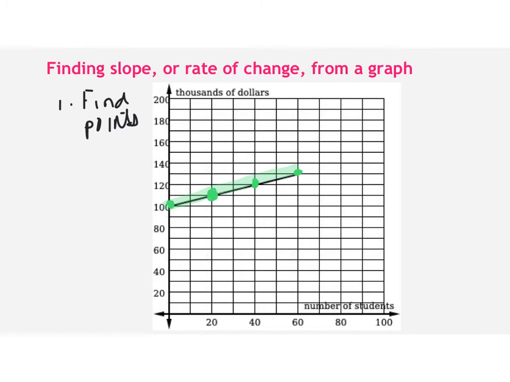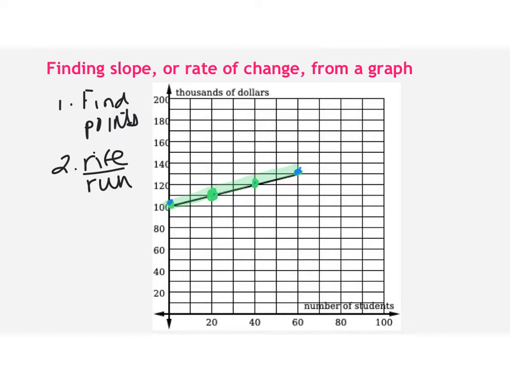The next thing we're going to do is find the rise divided by the run. I'm going to switch to blue here. Once I have my points, I can pick any 2 of those. I can pick this one and this one, or this one and this. It doesn't matter. Just pick any 2. For funsies, I'm going to pick this first one and this last one we have noted.